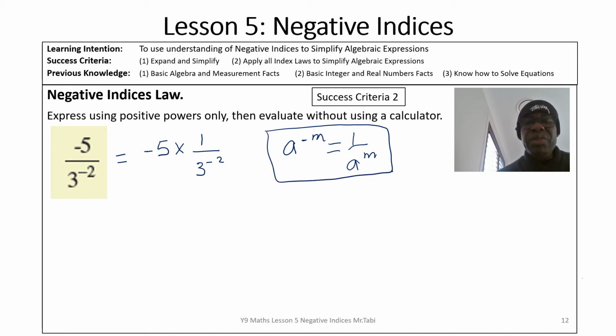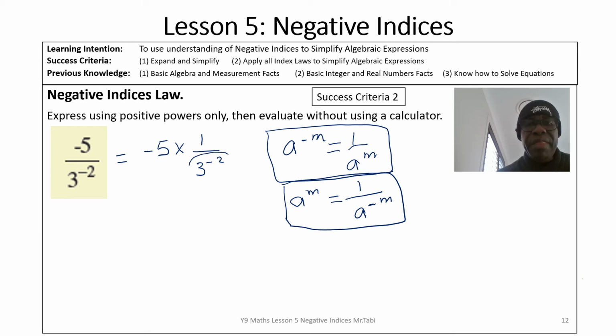This also tells you that a to the power m will be the same as 1 divided by a to the power minus m. That's to make it much easier for us. So that's another way of writing that law there.